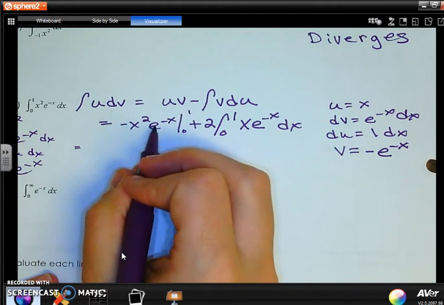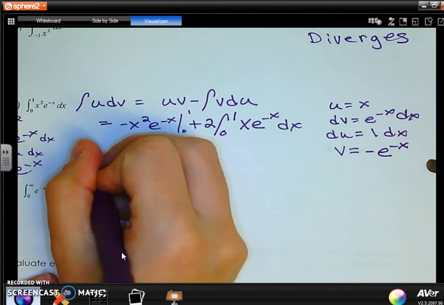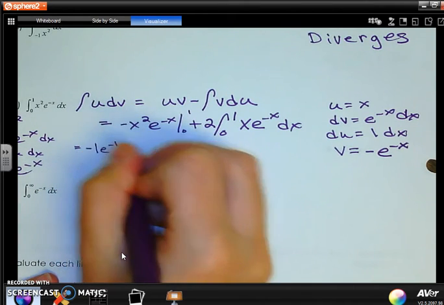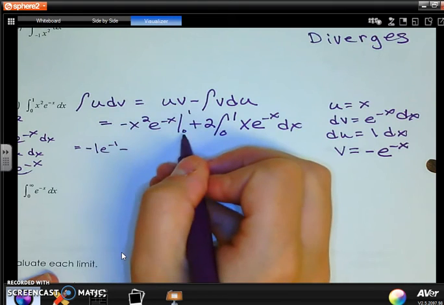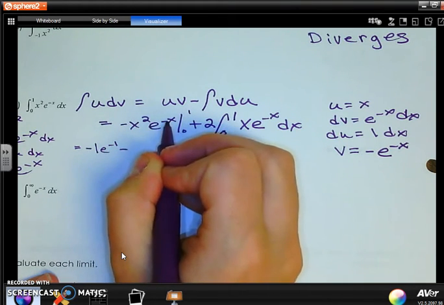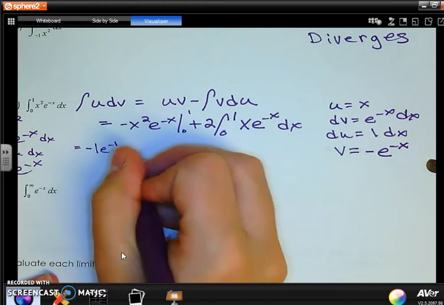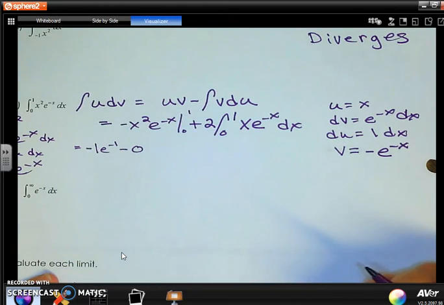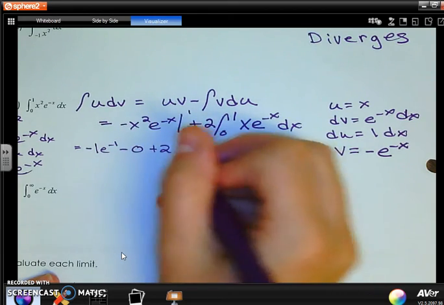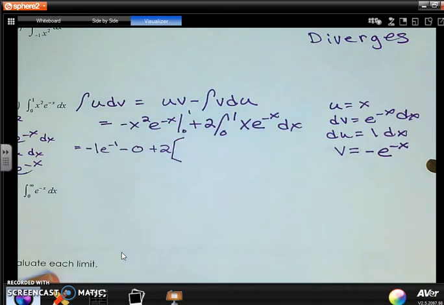So negative 1 e to the negative 1 minus, and then what do you get when you plug in 0? Well, anything raised to the 0 is 1, times 0 is still 0, so it's minus 0. That actually cleans up nicely. And then plus 2, and then I'm going to put it in brackets here.